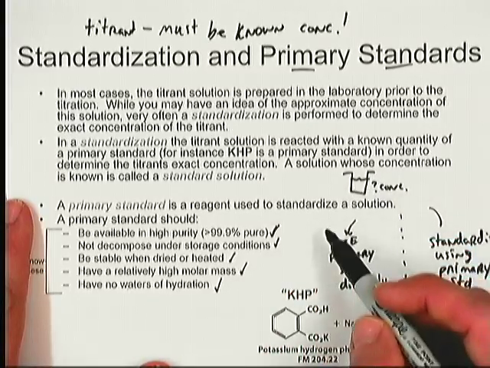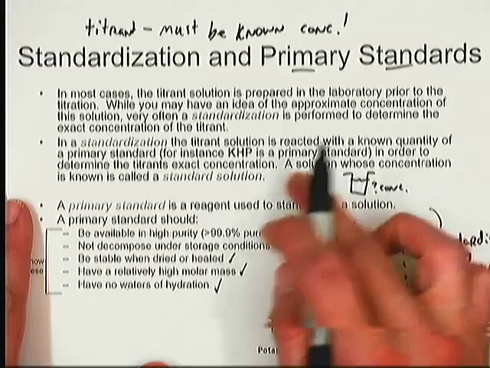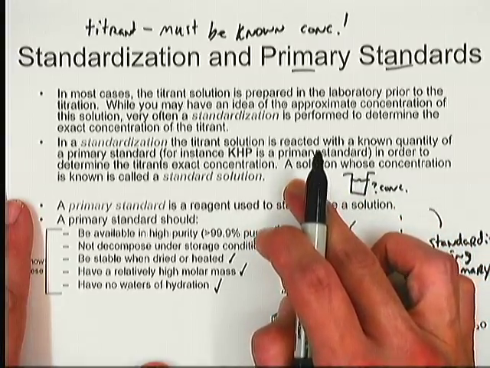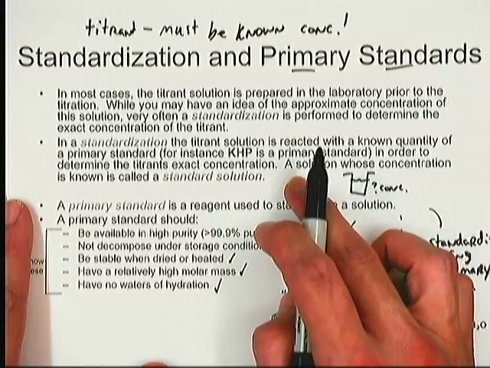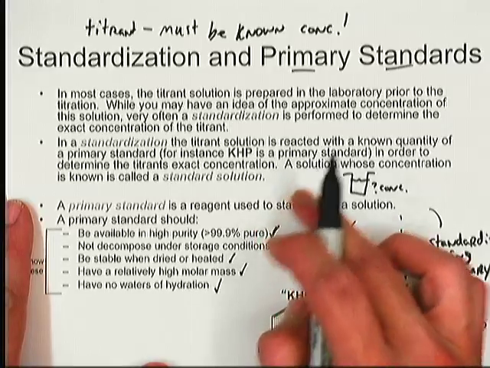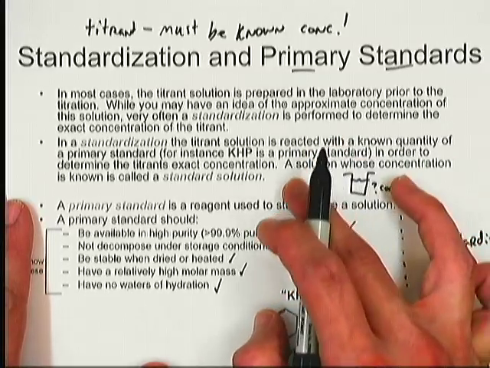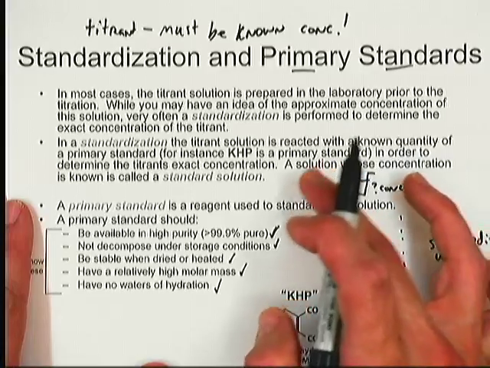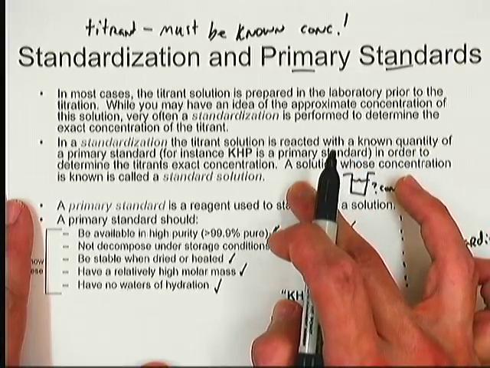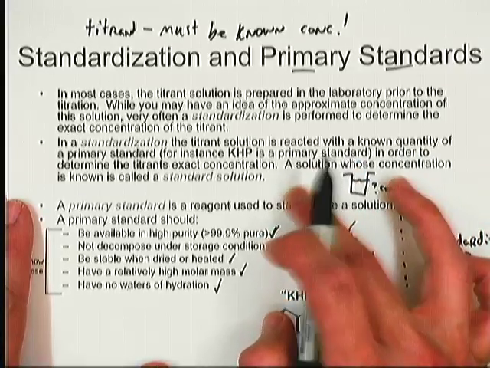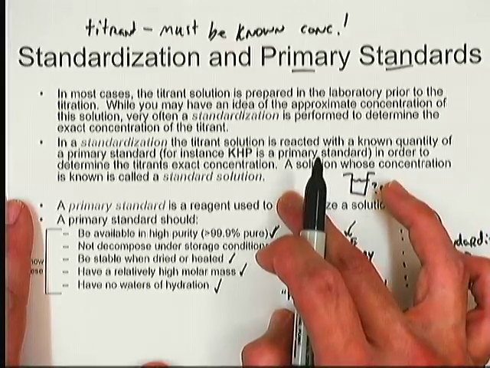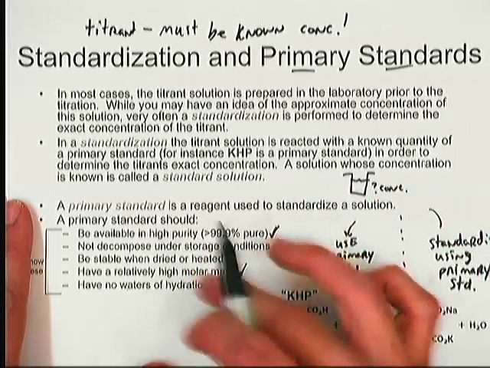So you're going to react that primary standard with this. You're going to do a titration. But the problem is if that primary standard that you use is not pure, if it's got contaminants, if it decomposes, which essentially leads to impurities, okay? If you use that chemical for your analysis, you may weigh out 1 gram of it, but do you really have a gram or do you have less than a gram because of impurities and such, okay?